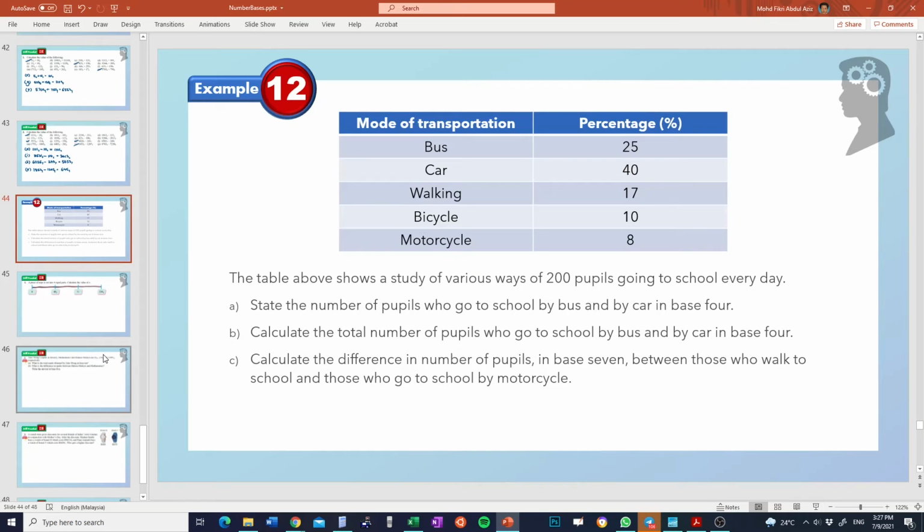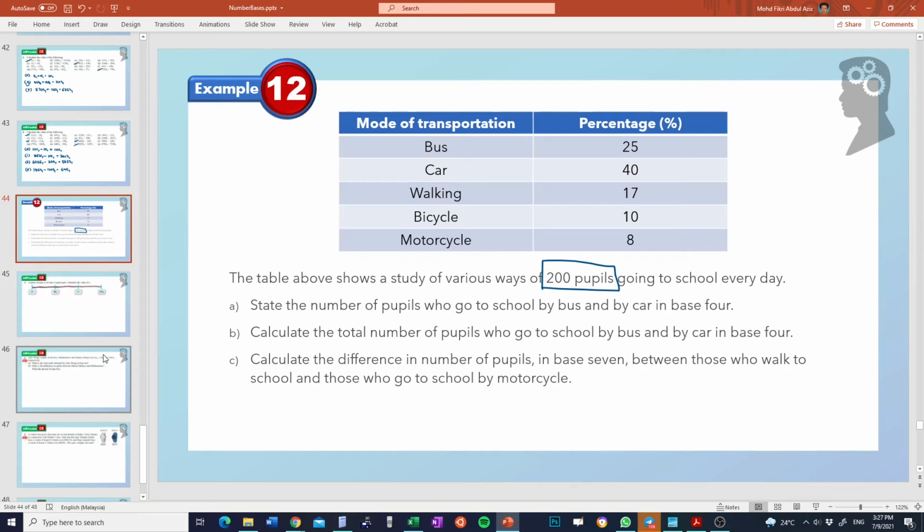Alright. The table above shows a study of various ways of 200 pupils going to school every day. 200. Take note, 200. Then these are just the percentages. Okay, not the number of pupils, but percentages. State the number of pupils who go to school by bus and by car in base 4.